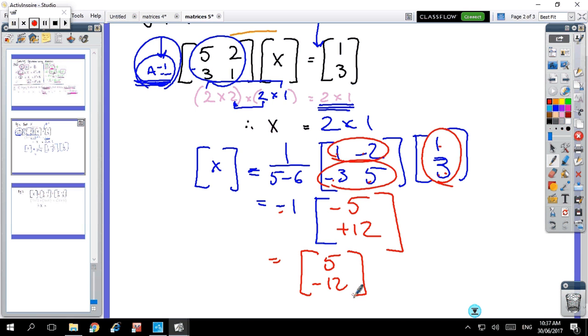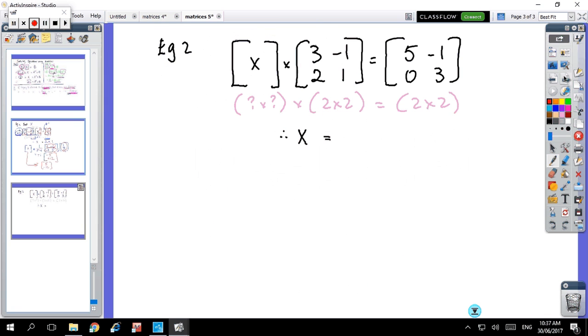So X is equal to 5, minus 12. And if you wanted to, you could put 5, minus 12 there and just check that it multiplies to 1 and 3. We'll just do the first one to prove it does. 5 times 5 is 25. 25 minus 24 is 1. I'll do the second one because we're there. 3 times 5 is 15. 15 minus 12 is 3. So the answer does work.